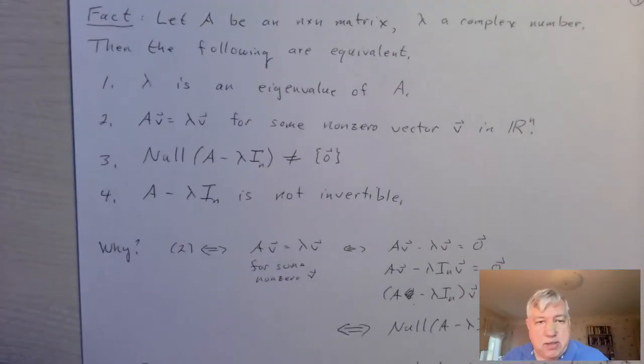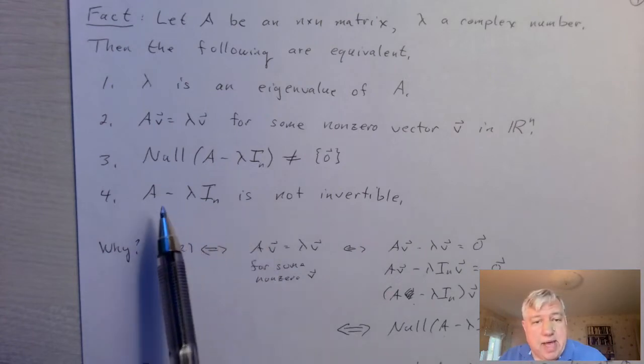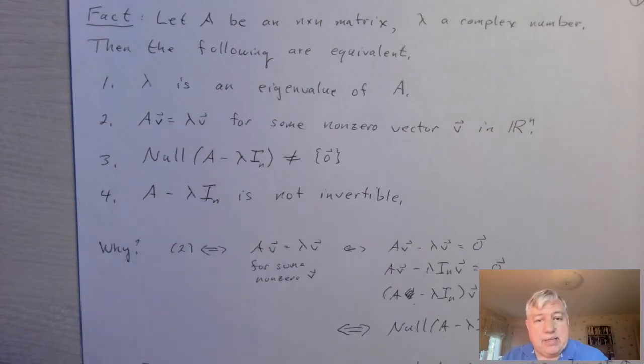To show that lambda is an eigenvalue is to say that A minus lambda I_n as a matrix is not invertible. Of course that is equivalent to saying its null space is not 0. It also means its rank is not n, and all these other nice things from the fundamental theorem of invertible matrices.